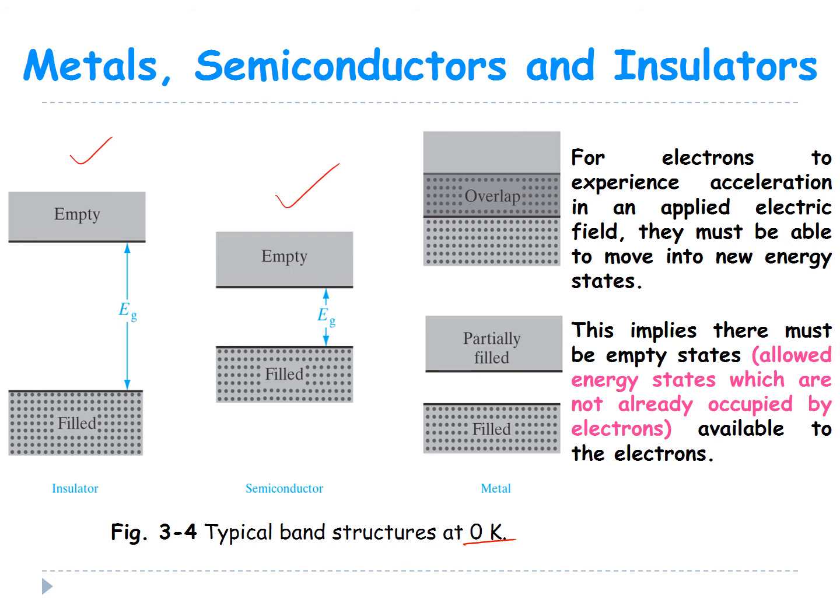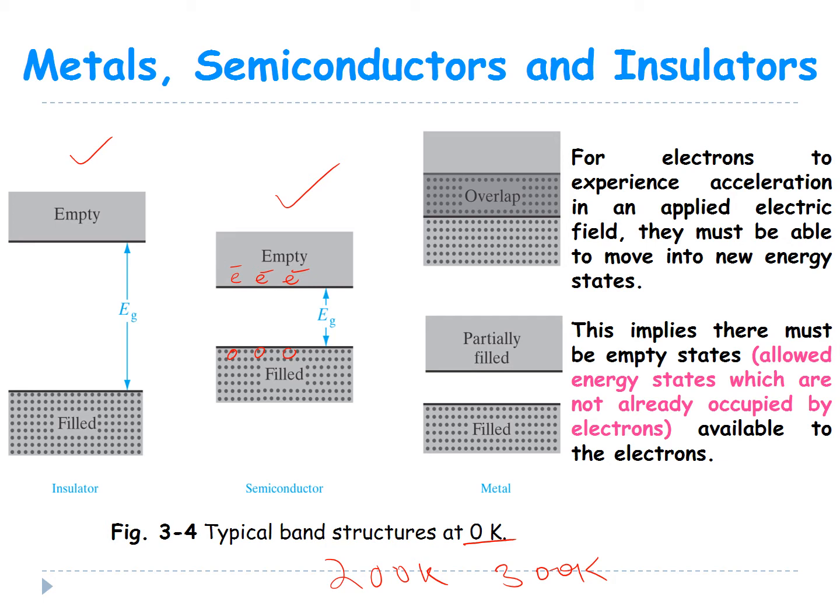But the only difference is when the temperature is a little bit higher than 0 kelvins. For example, when you're at 200 kelvins or when you're at 300 kelvins, that's your room temperature. You'll find that at that temperature, the semiconductor will have a considerable number of electrons in the conduction band and some holes in the valence band, whereas an insulator will remain like this, filled and empty.